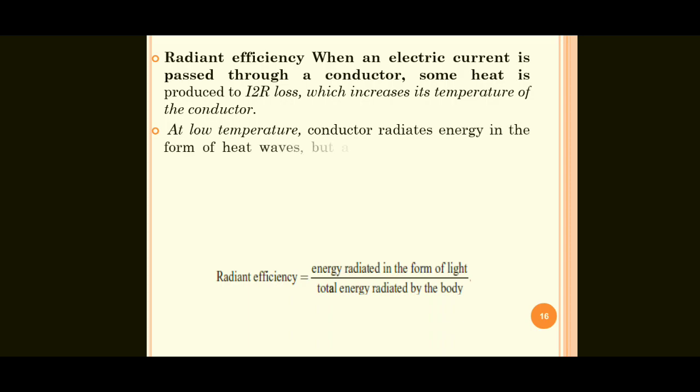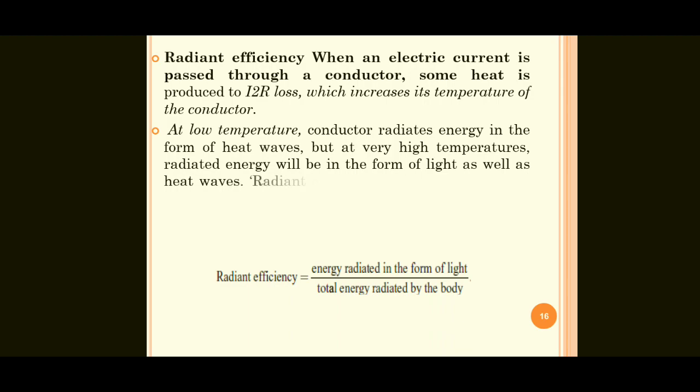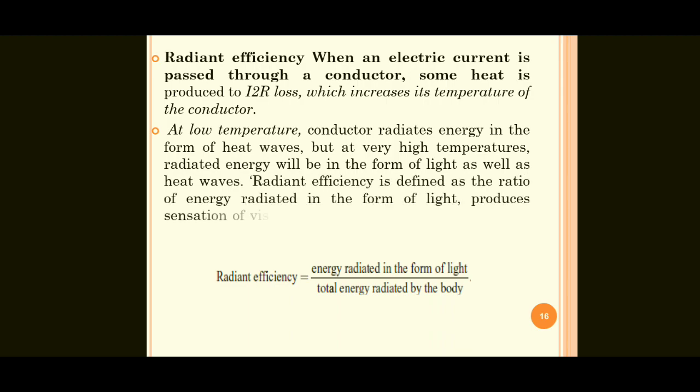In general, in any conductor through which current passes, some heat is generated because of the copper loss, I square R loss, since the conductor is made of copper or aluminum. Definitely some loss is present, which increases the temperature of the conductor.